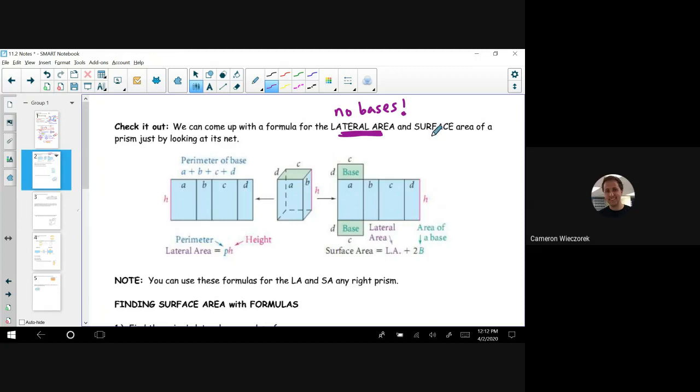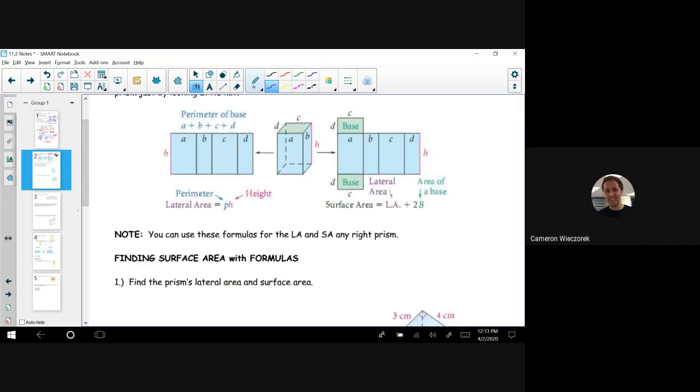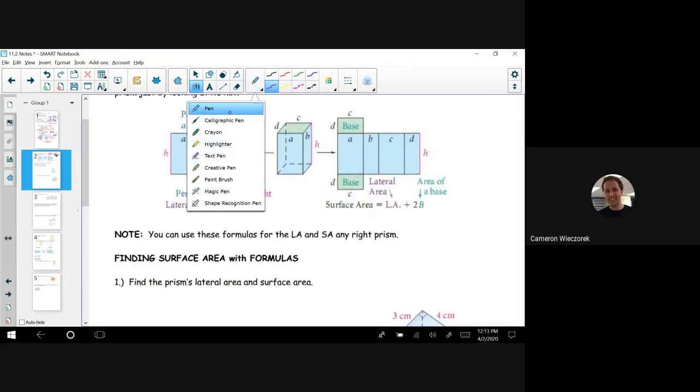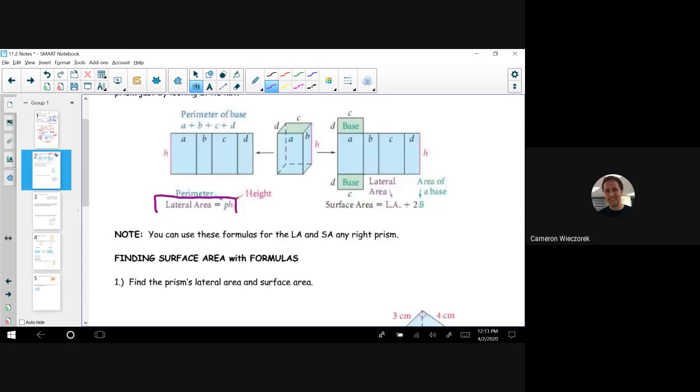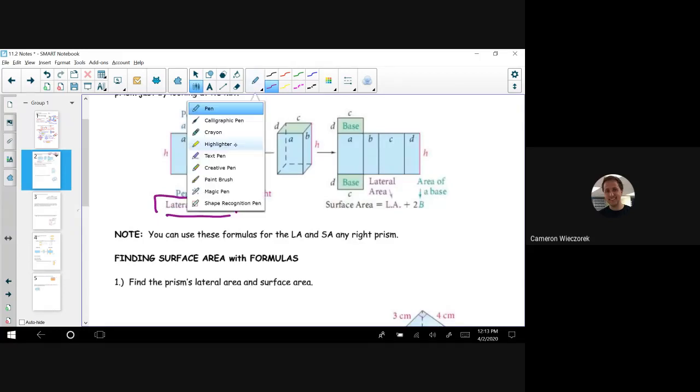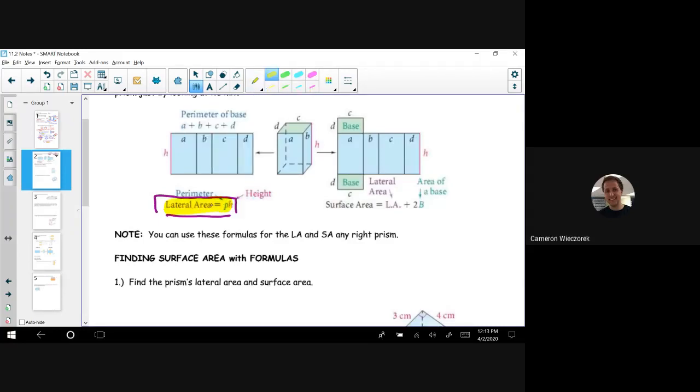Whereas surface area in general, if it doesn't say lateral, surface area means include the bases also. So it's the lateral area plus the bases that you have. Whenever we're going to be dealing with a prism, the lateral area of a prism is always going to be equal to the perimeter of the base times the height of the prism.